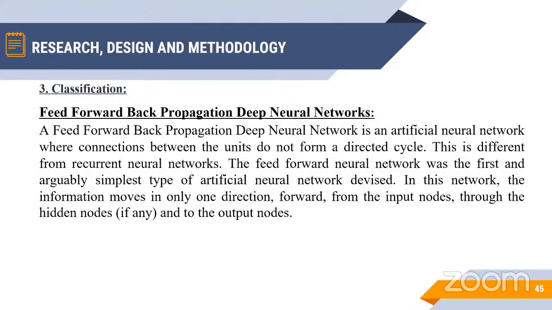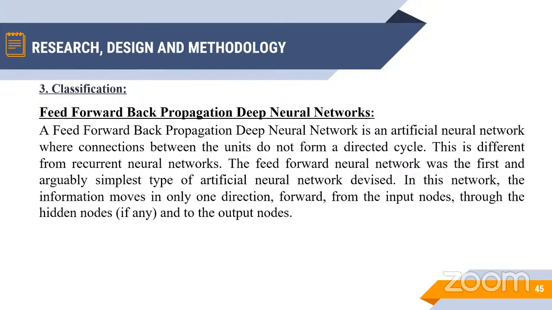The next one is the feed forward back propagation deep neural network. The feed forward back propagation deep neural network is also one AI concept. And in this, many different forms of recurrent neural networks are available. So these feed forward neural networks are the first and simplest type of AI with the neural network devised.